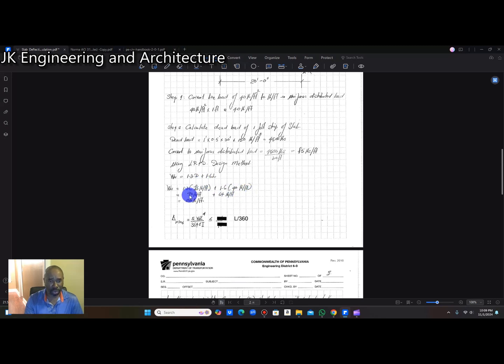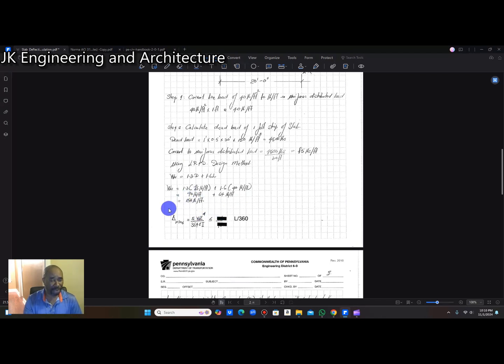So we have 90 pounds per foot plus 64 pounds per foot, and the total of that is 154 pounds per foot. So we're going to use a weight, in terms of live load and dead load, on this beam of 154 pounds per foot.